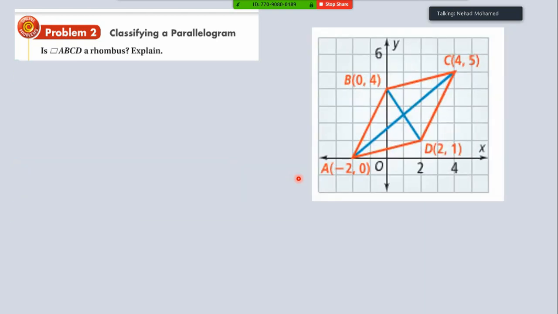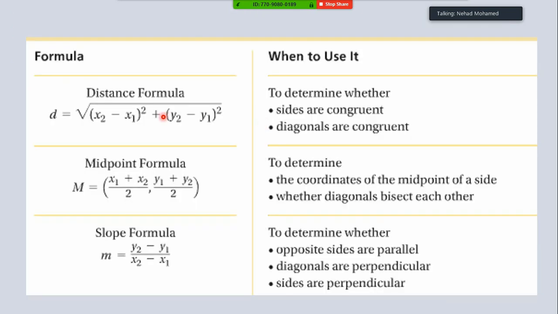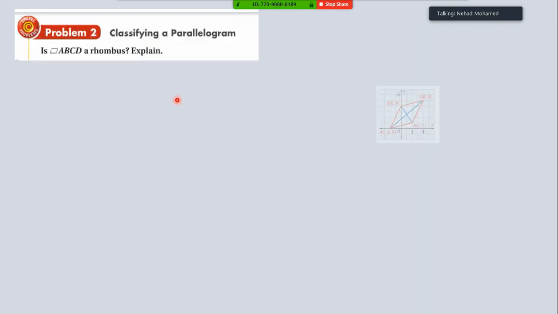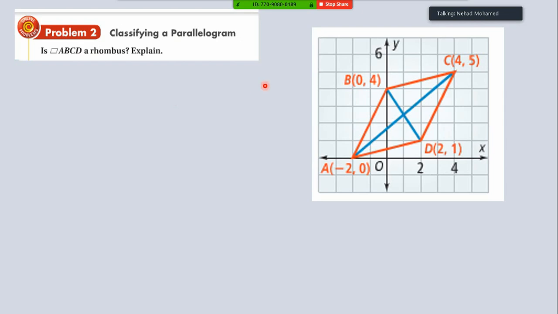Who can tell me another way, without slope, by using the distance between two points? The other way: if all sides are equal, the parallelogram is a rhombus, right?